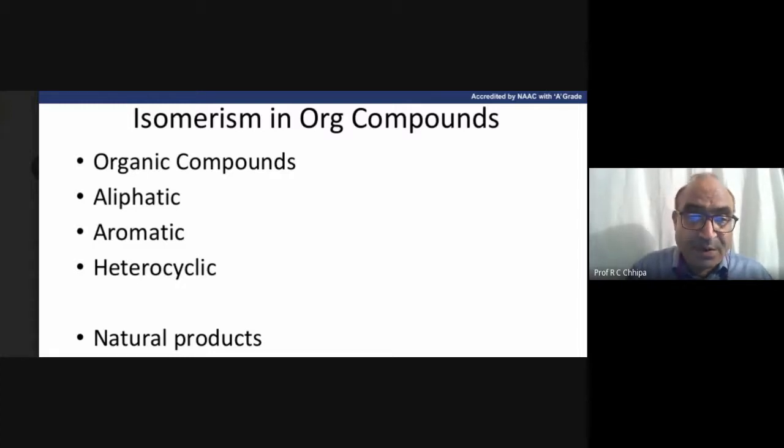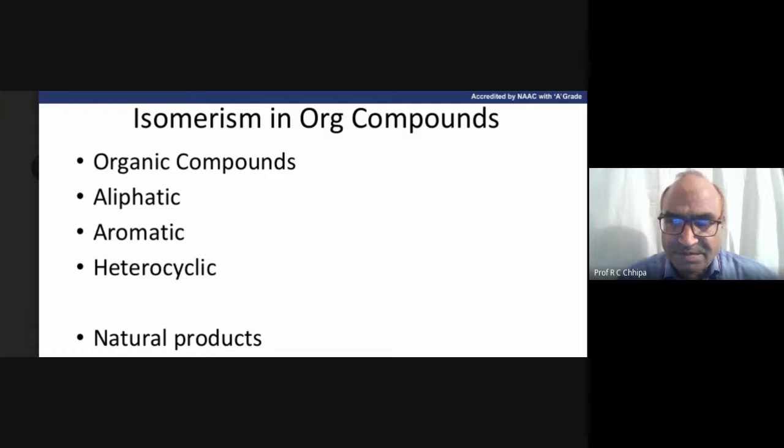Now the question is that natural products are also relevant to our life. What are those natural products which we get from nature? These are also part of the organic compounds, so we have to see the organic compounds among natural products.